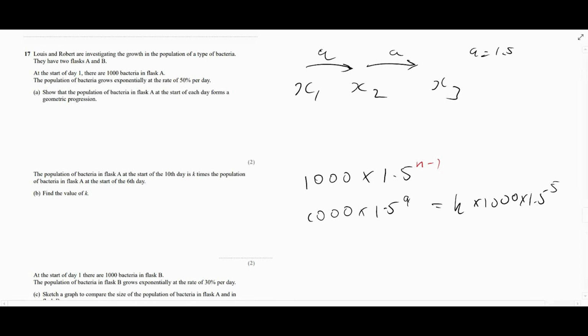So to find k, all you have to do is a simple division. 1,000 times 1.5 to the 9 over 1,000 times 1.5 to the 5, and just type that in. What do you get?